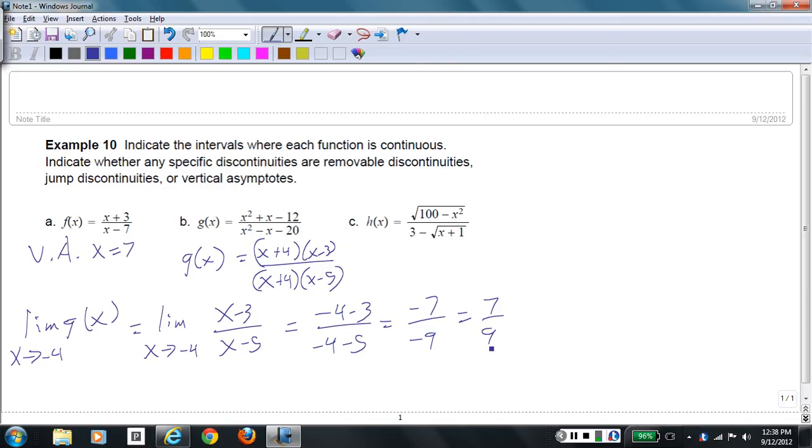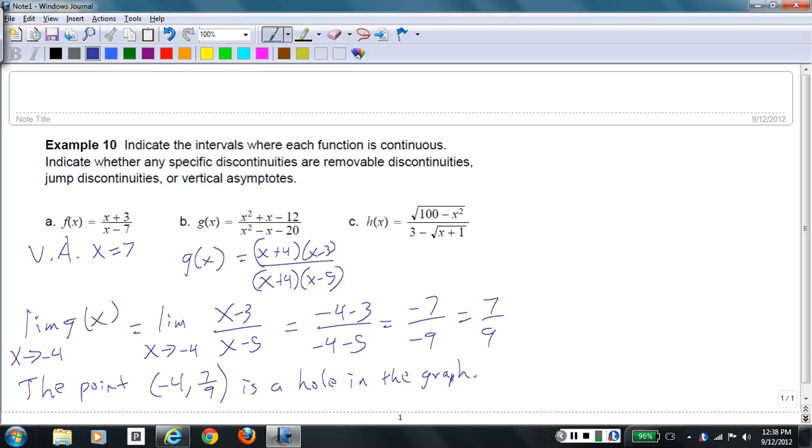Okay, so the point (-4, 7/9) is a hole in the graph. That is the point that the graph is getting really close to.